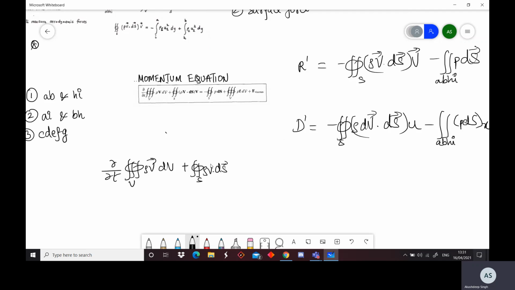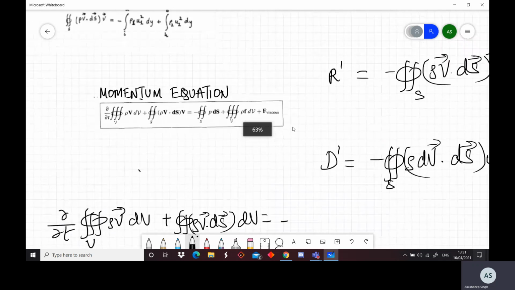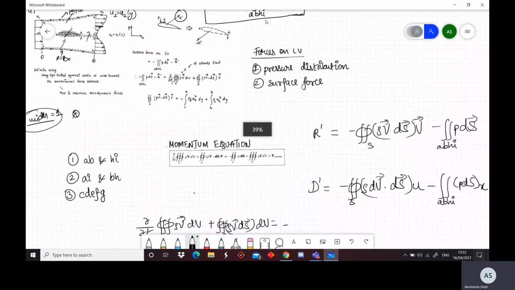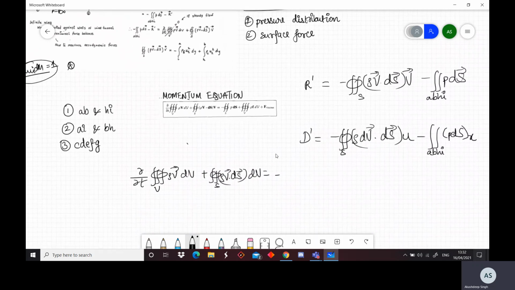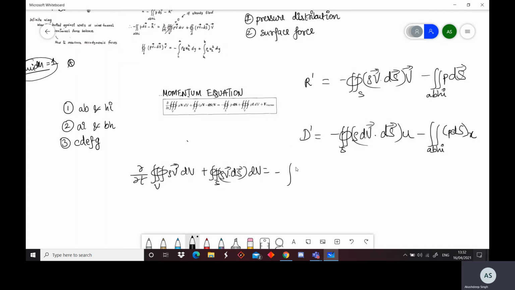The right hand side of this momentum equation should become this. F viscous is again assumed to be 0. So this should become nothing but what we have written above, this term, which is just the surface integral of p dS minus R prime.